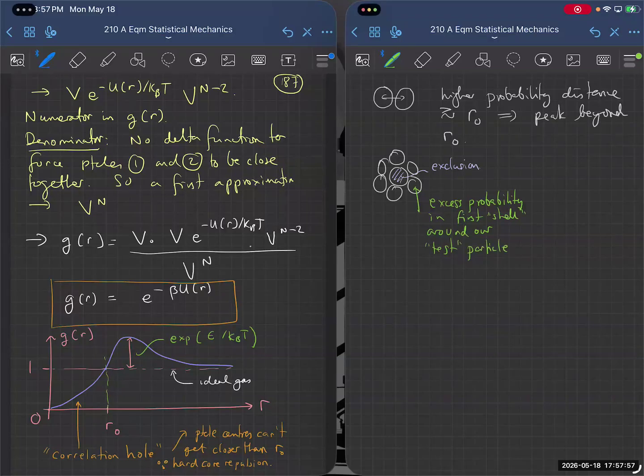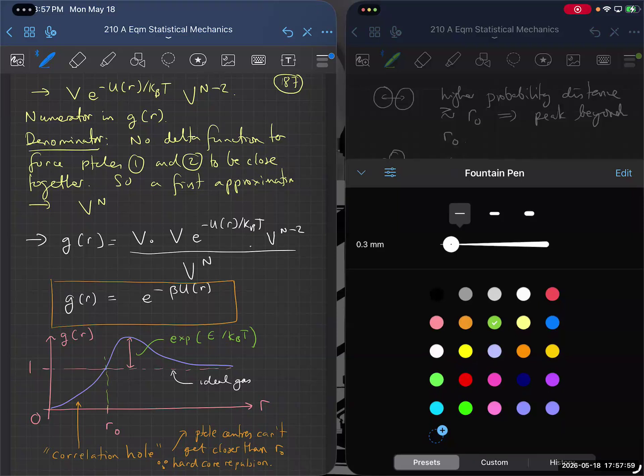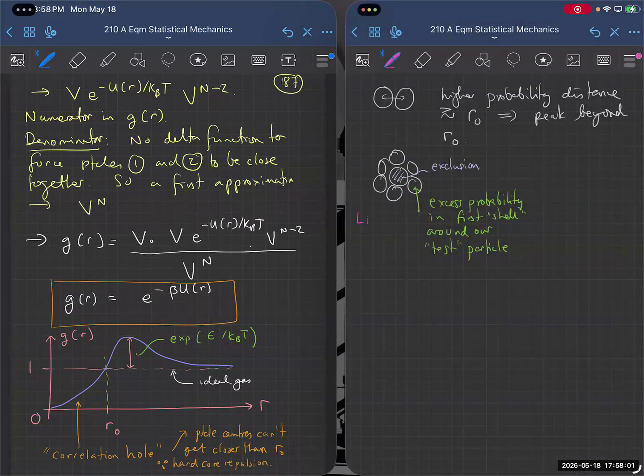And so this picture is what you see in liquids, for example, which have high density. So that's what our expression gives us, and that's that formula.